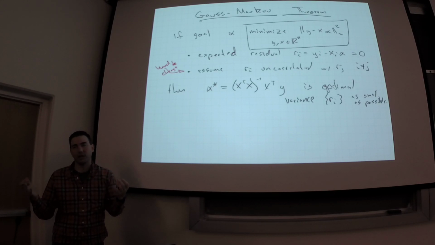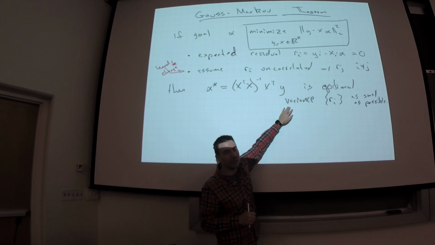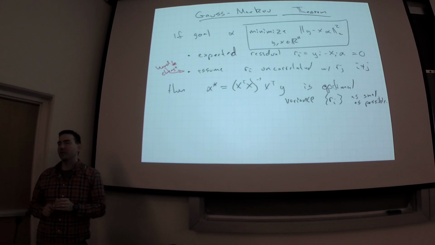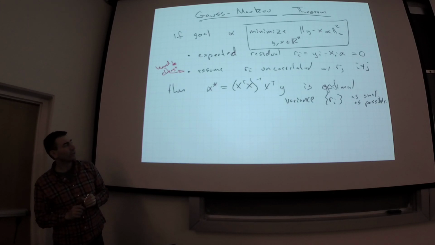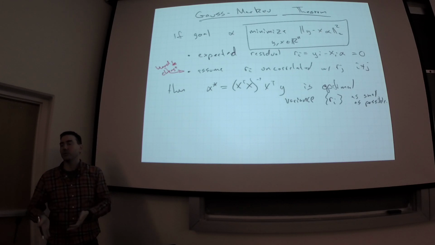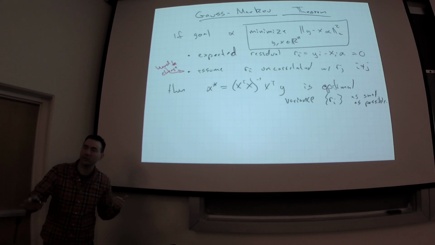And this will actually allow us to do better. We're going to get a smaller variance solution by adding some bias. Okay, we're going to bias our solution in a way. It's going to mean that the expected residual is going to be different from 0, but the overall sum of squared errors is actually going to decrease.